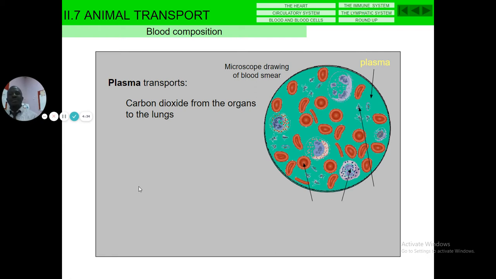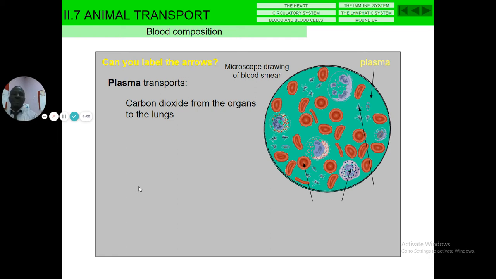Then plasma transports carbon dioxide from the organs to the lungs, plus other substances.